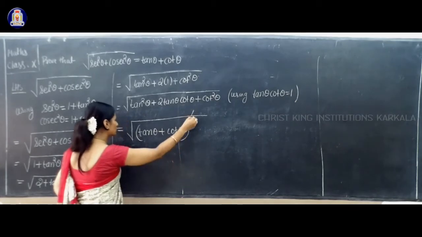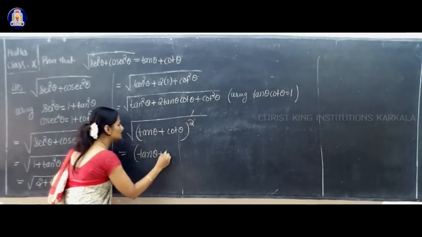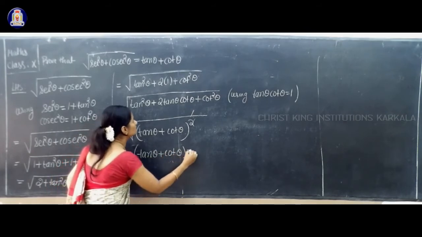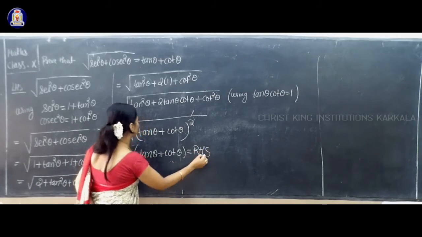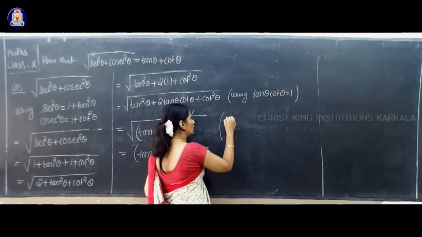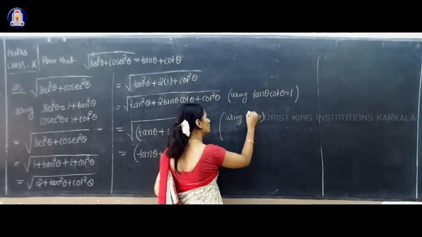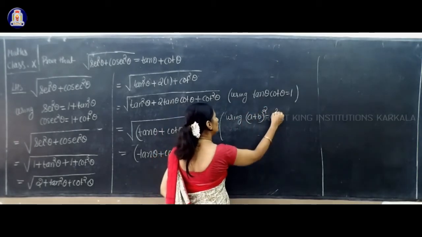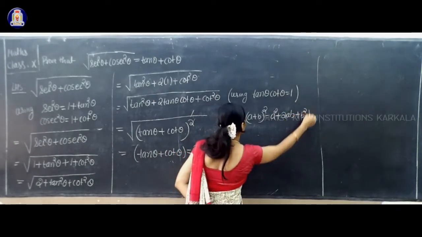Now square and square root cancel. What is left here? Tan theta plus cot theta. Is this equal to the RHS? Yes, it is equal to the RHS. So which formula did we use? The formula a plus b whole square equals a square plus 2ab plus b square.